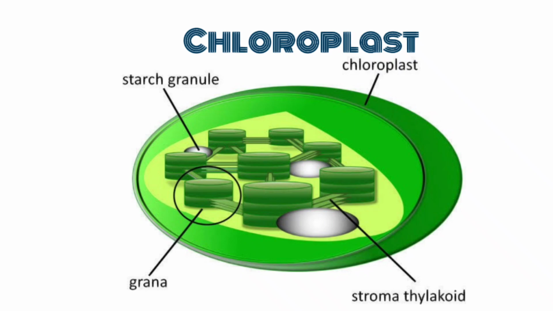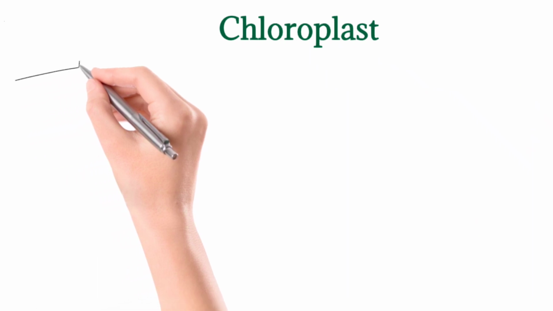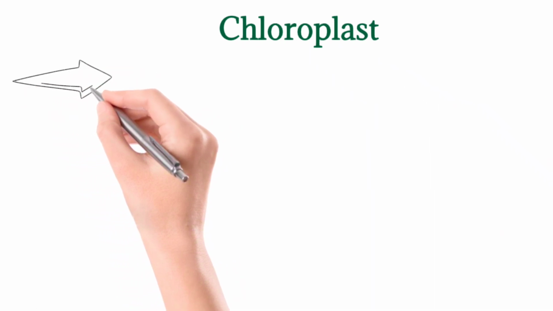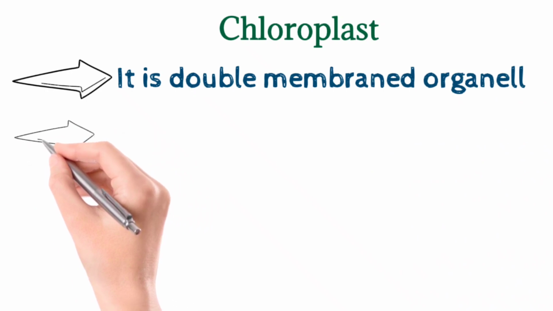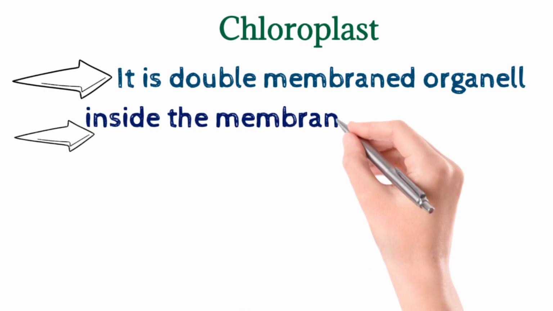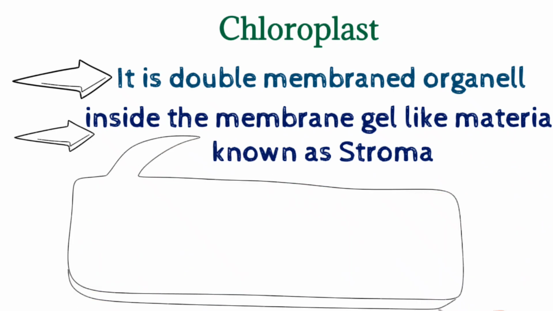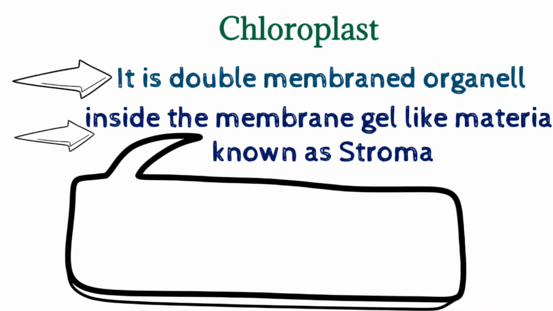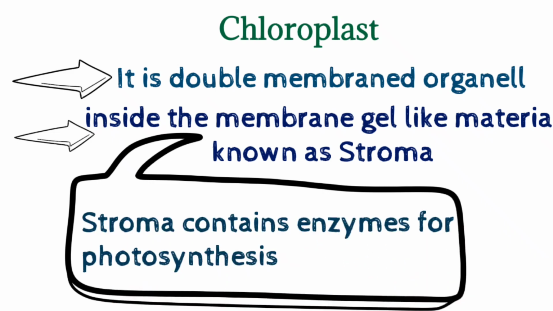These are the subunits of the chloroplast. We are discussing chloroplast. Chloroplast is a double membrane bound organelle. Inside the membrane, a gel-like material is present that is known as stroma. Stroma contains enzymes that are useful for the photosynthesis.